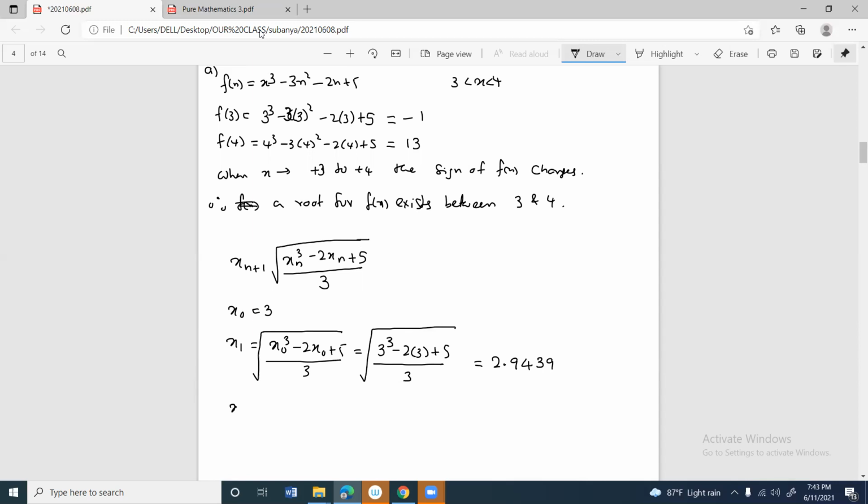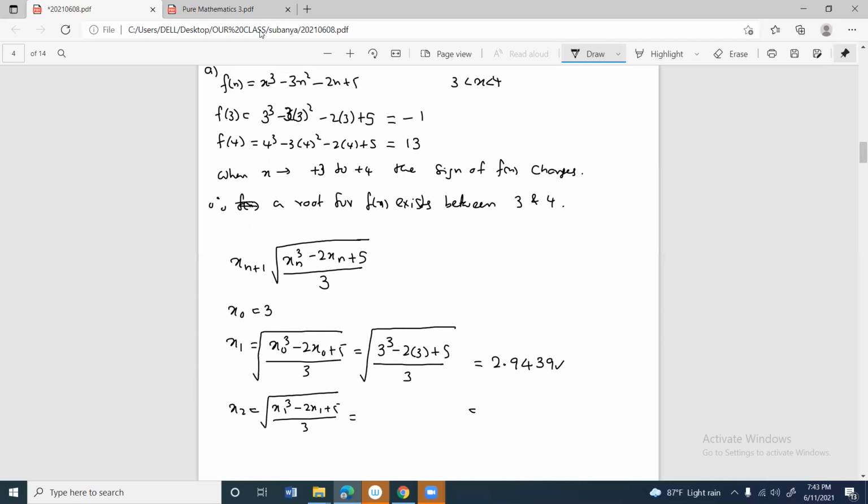Then x2. X2 would be how much? You can replace x1 with 2.9439 in x1 cube minus 2x1 plus 5 divided by 3. I'm not writing that out because you can replace x1 with this answer, then just put it straight into the calculator.